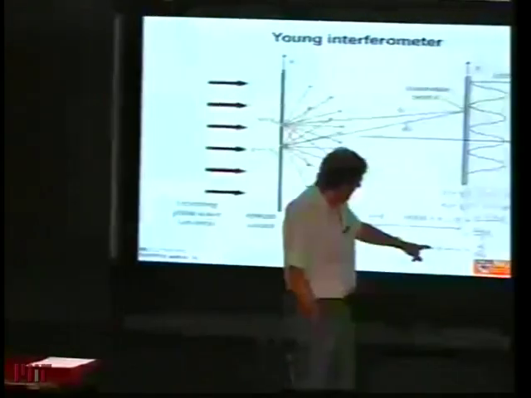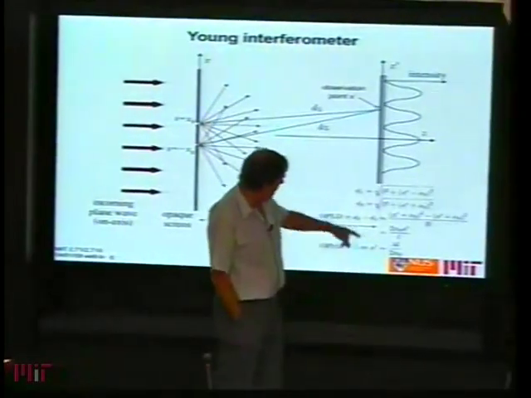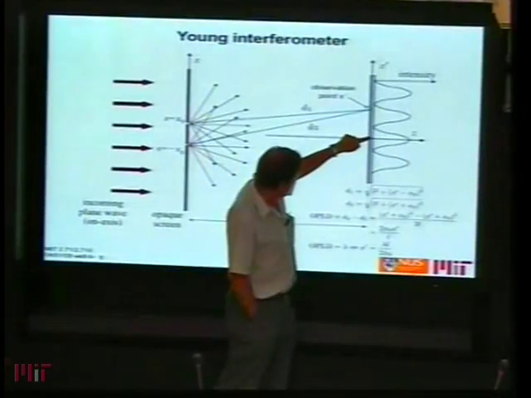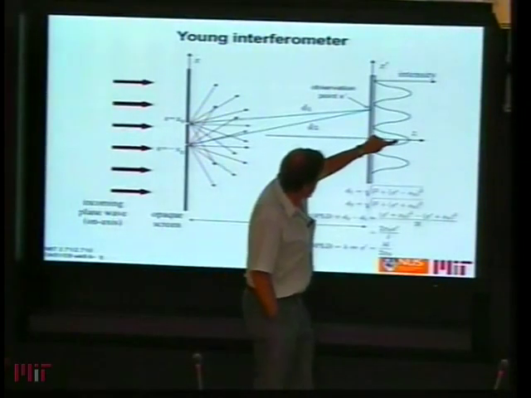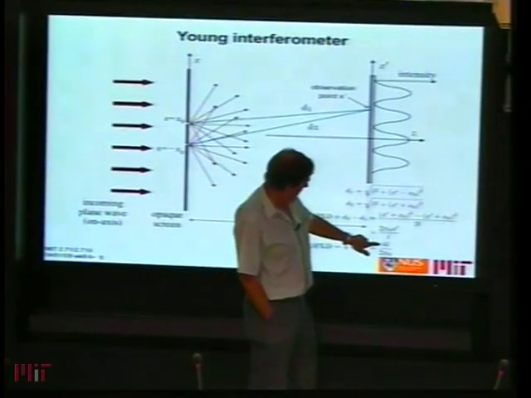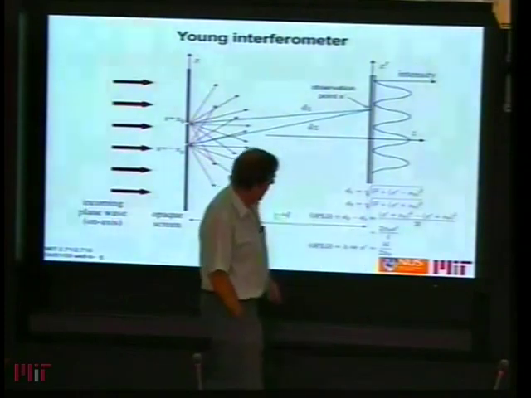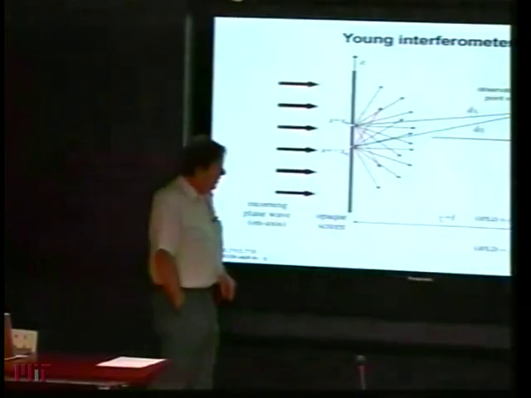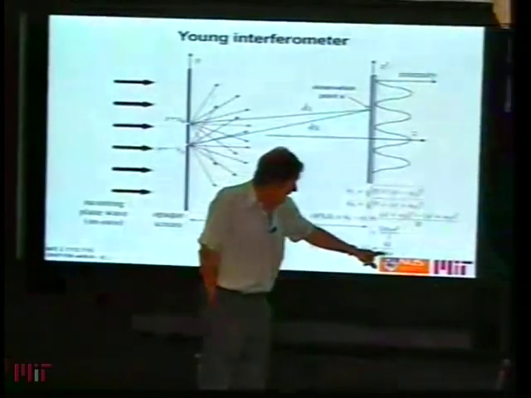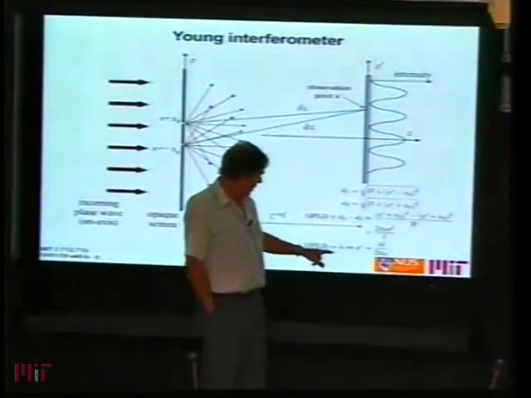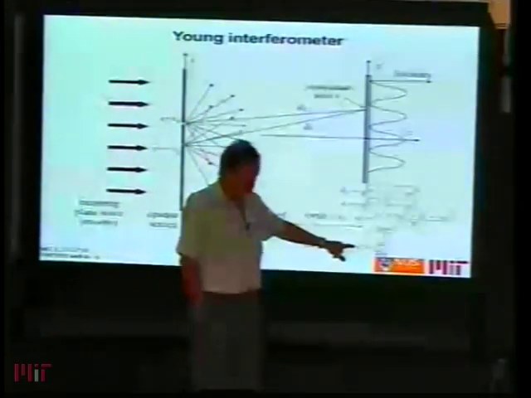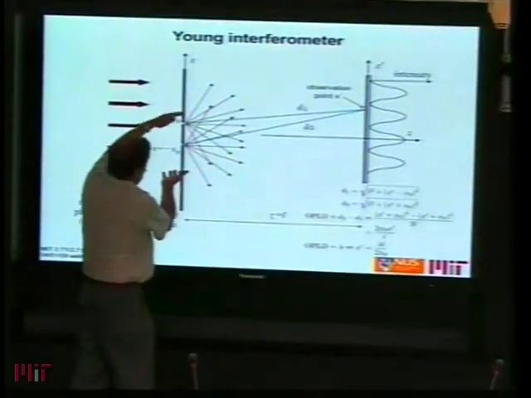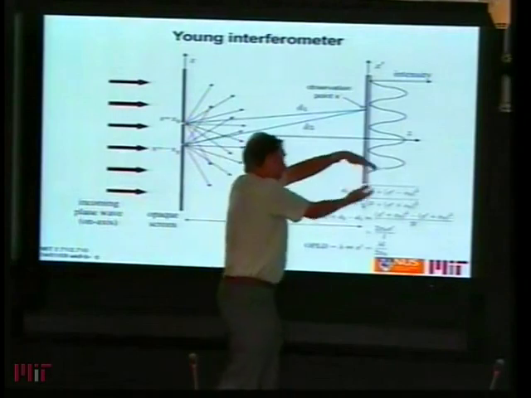If you made this n lambda, of course, you'd have an n in here. But this distance to there is given by lambda L over 2x0. So you can see the smaller x0 is, the bigger x' is. The smaller you make this, the bigger you make this.